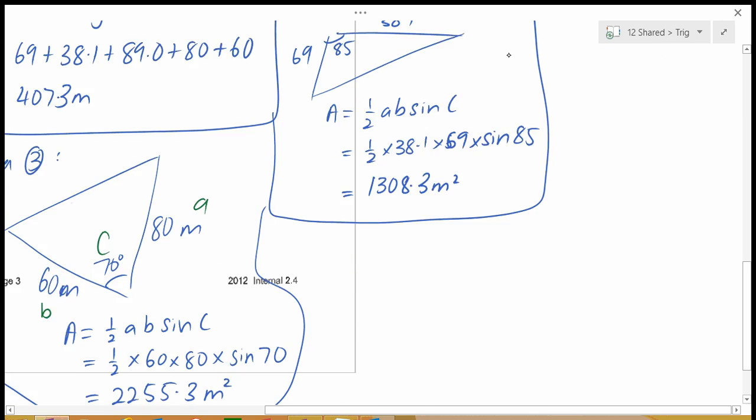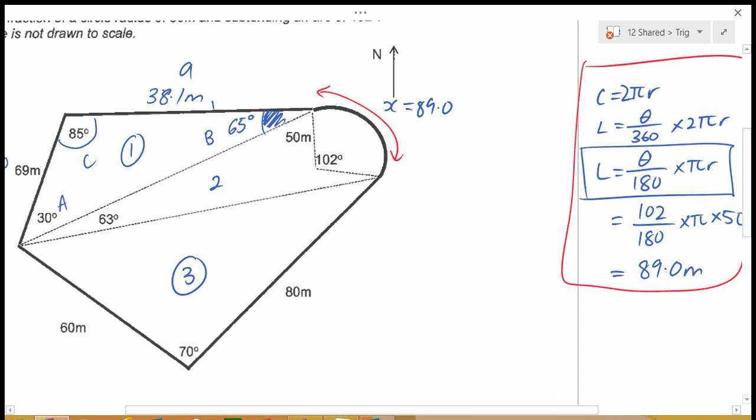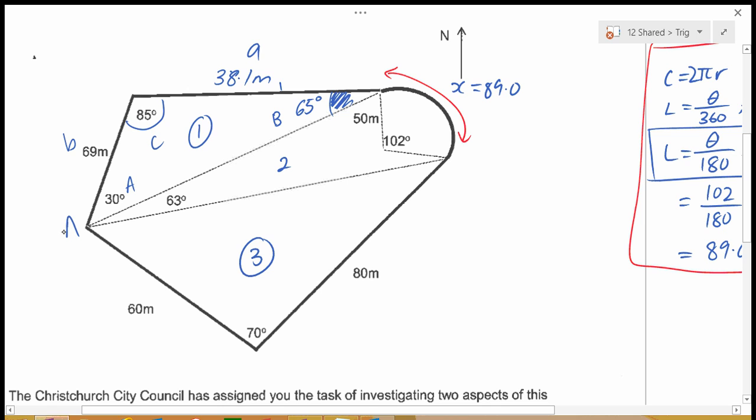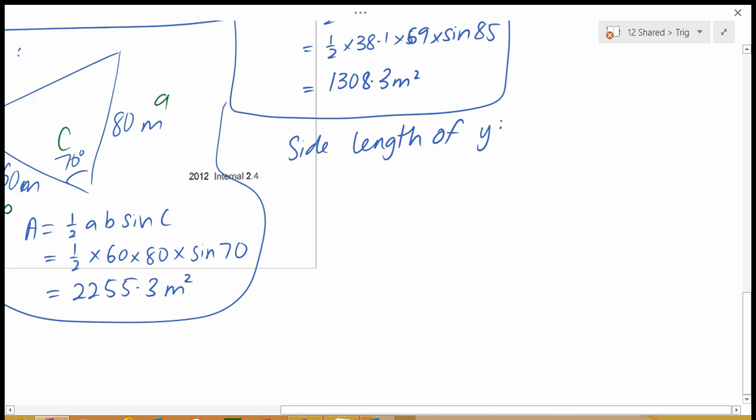So I'll draw out my diagram down here. So this is for finding the side length of, what's that side called? Well, we'll call that A, and, well, what shall we call it? I'll call that side Y, since we haven't used Y yet. Okay, so side length of Y.